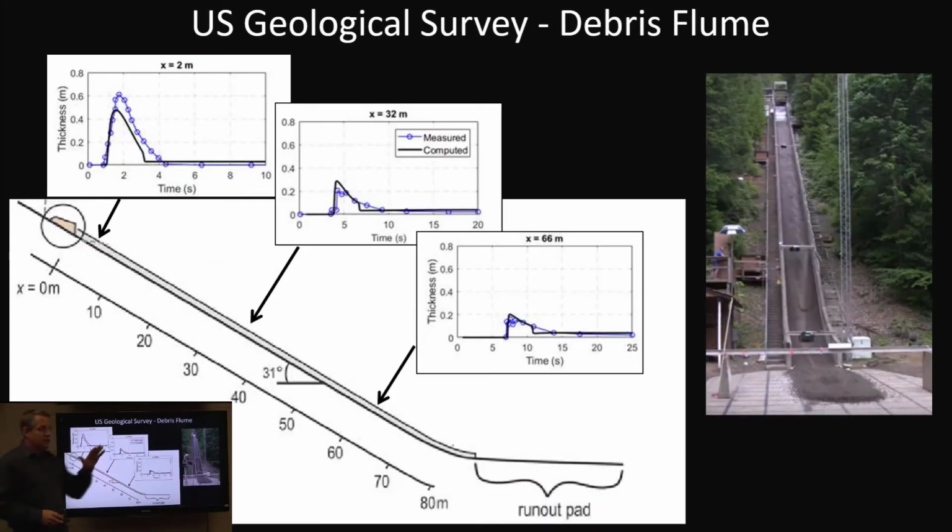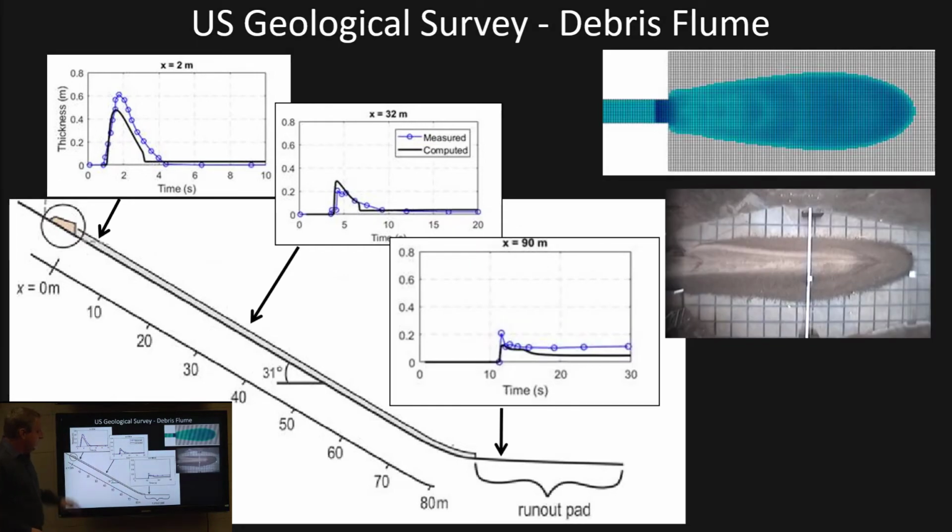They measured both the stage and the arrival time of the front at different locations along the flume. Here we have the measured and the computed result in RAS for one of these simulations. Not only are we getting the arrival time and the stage right, we're also capturing the shape of the flume in the runout pad.